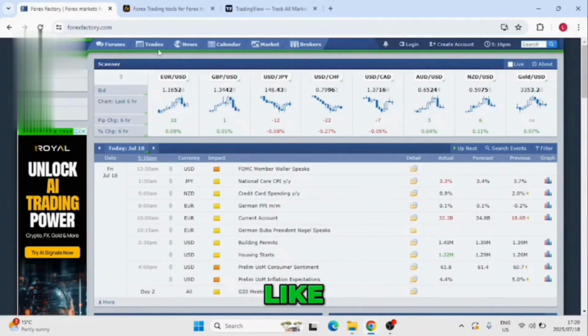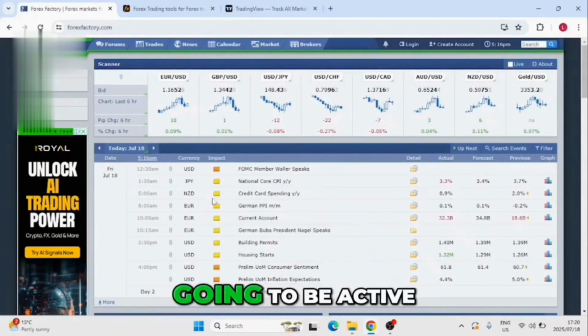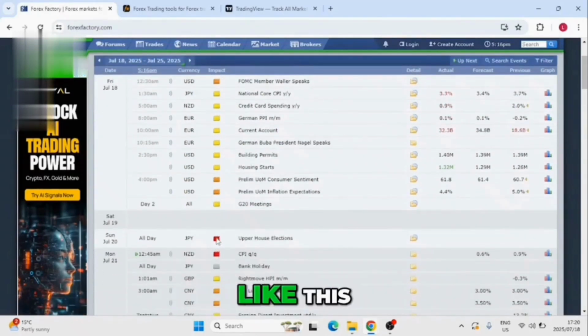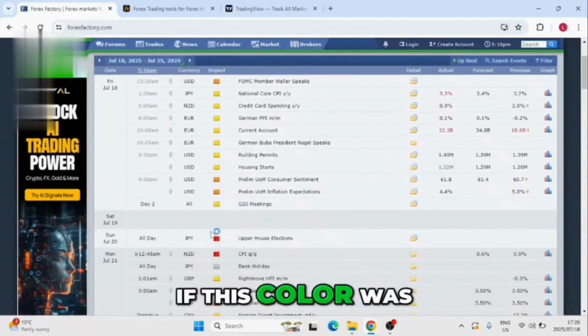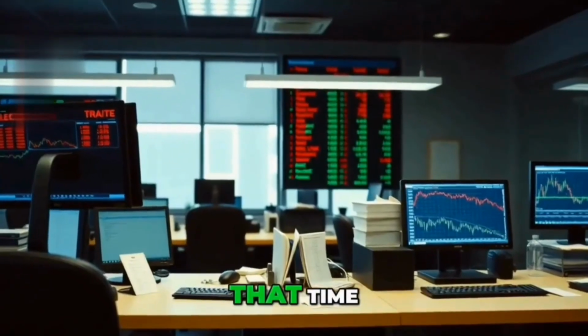For example, if you can see right here, these are the times that the news is going to be active. For example, for USD, housing starts and building permits, it was at half 2. Now, if this color was red news, I wouldn't have traded that time.